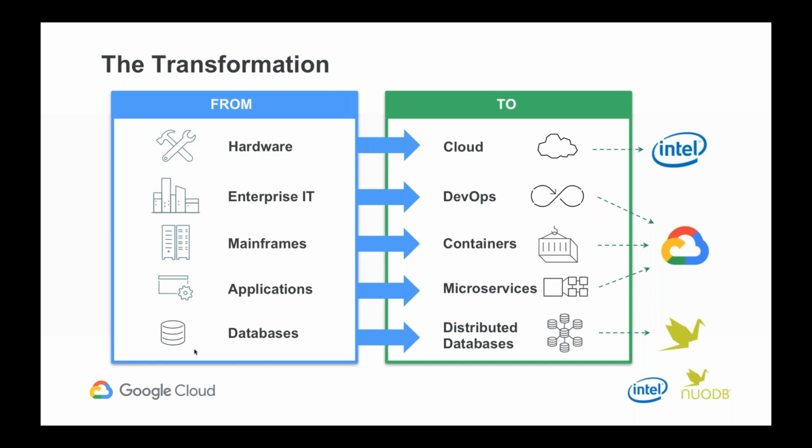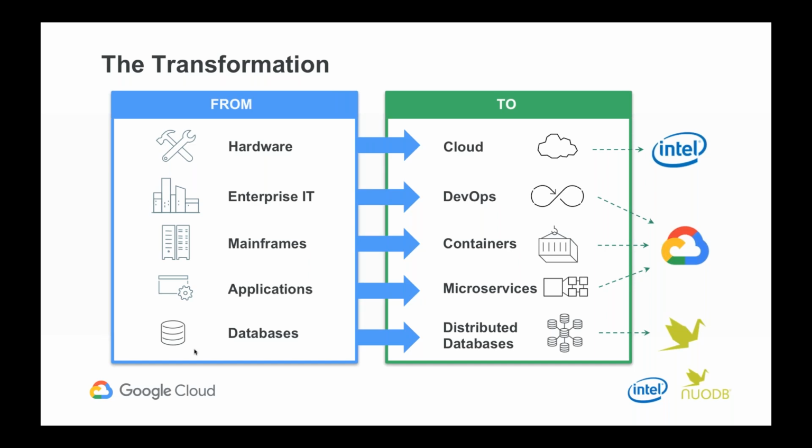One element which is really not well understood or recognized by a lot of companies and individuals who are new to this process is the fact that, just like everything else, databases have to undergo a fundamental transition and transformation, if you will. And that's why you see here on the bottom that, in terms of database technology, databases which are adapted to the cloud native infrastructure have to be distributed in their nature.